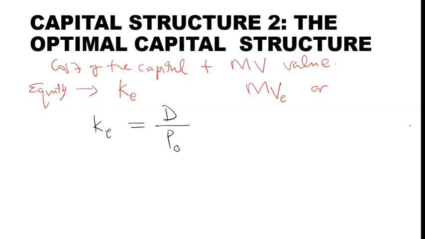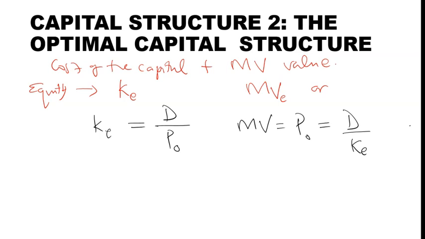And we said that in this case, the market value of a share, PO, is equal to D over KE.